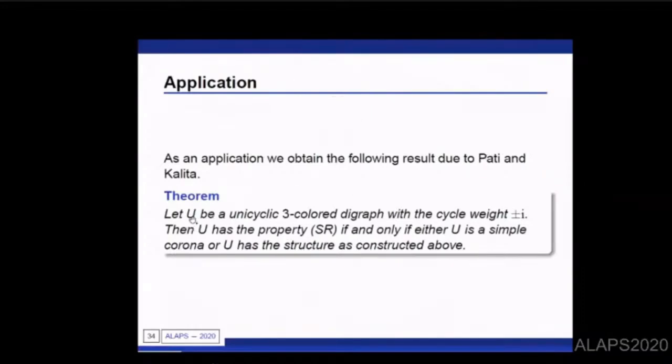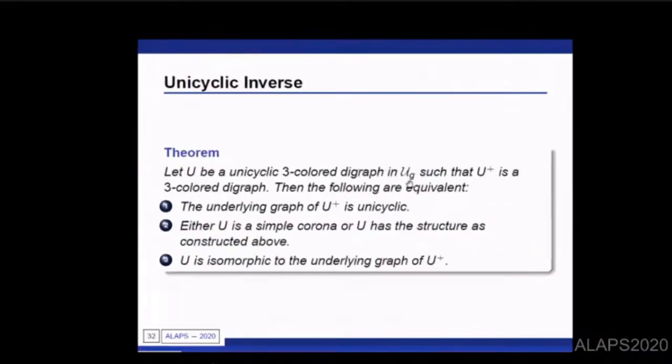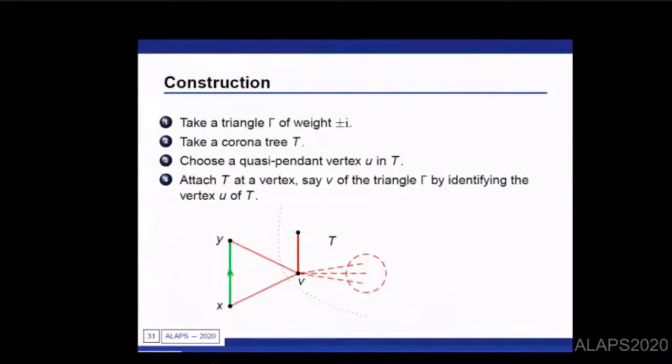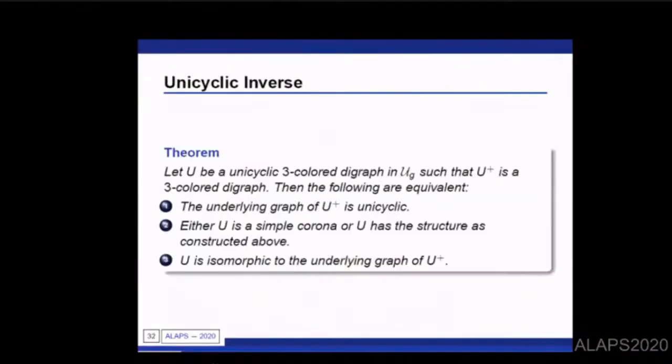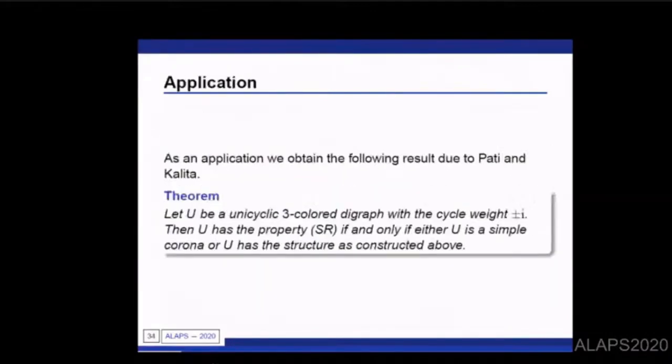It says a unicyclic three-colored digraph whose cycle weight is plus minus i has the SR property if and only if U is either a simple corona or U has the structure as constructed this way. So either this graph has the SR property or a simple corona unicyclic graph has this property.